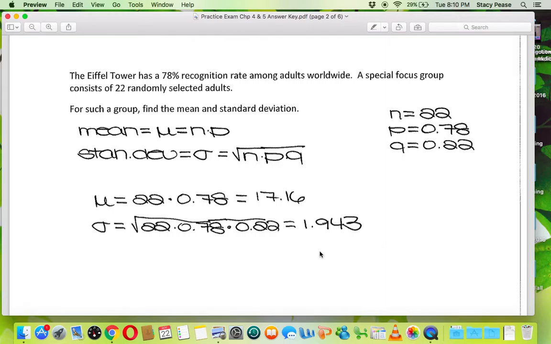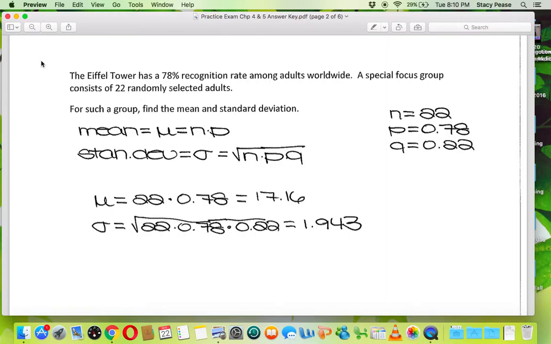So your mean is defined as this symbol, which is mu, and it's calculated by taking your n and multiplying it by your p, so the number of trials multiplied by your probability of success. And your standard deviation is given by this symbol, which is called sigma, and that's equal to the square root of n times p times q. So the number of trials times your probability of success times your probability of failure, all square rooted.